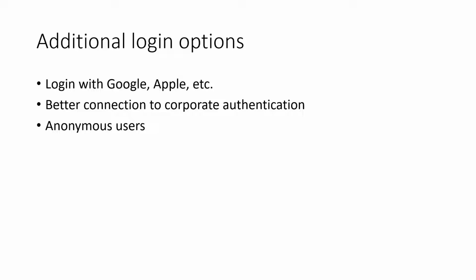And we're looking to provide additional login options for TransForm, including login with Google and Apple, and we'll see what else. Better connection to corporate authentication. We already have the beginnings of a way to do that, but maybe additional ways of doing corporate authentication.